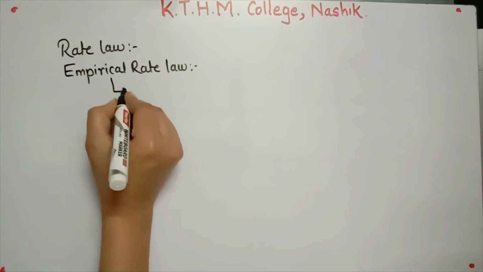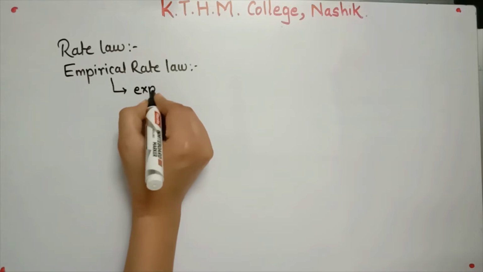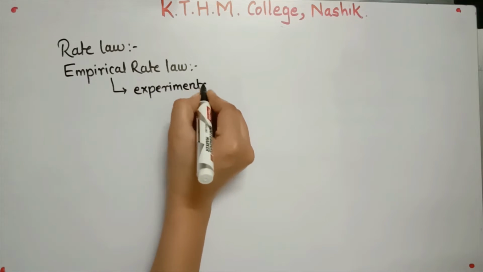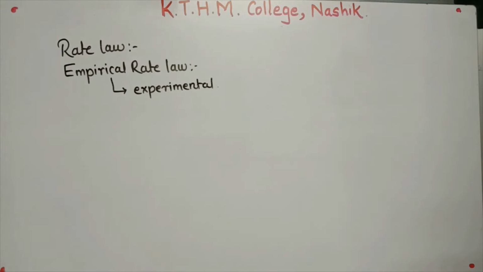Here empirical means experimental. That means the reaction rate expressed in terms of concentration is known as a rate law, and the empirical rate law indicates that it is derived from the experiment. That means it is an experimental quantity.